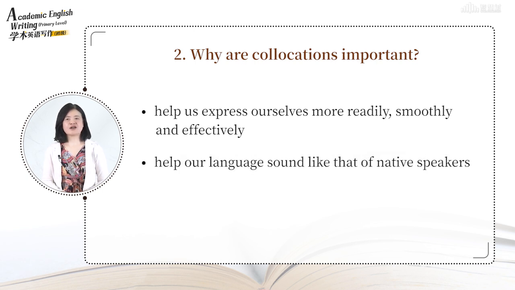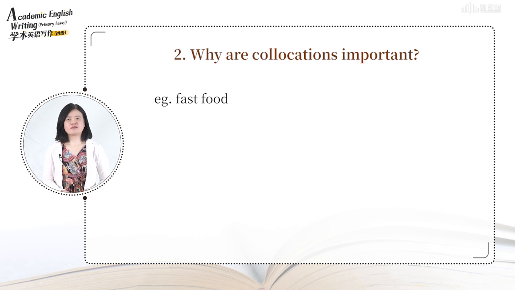Collocations help our language sound like that of native speakers. The connection between collocates is often very strong, so that it would sound strange to replace one of the words for another with similar meaning. For example, the term fast food is a widely accepted collocation.